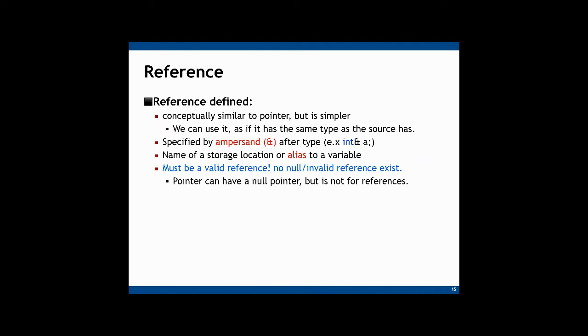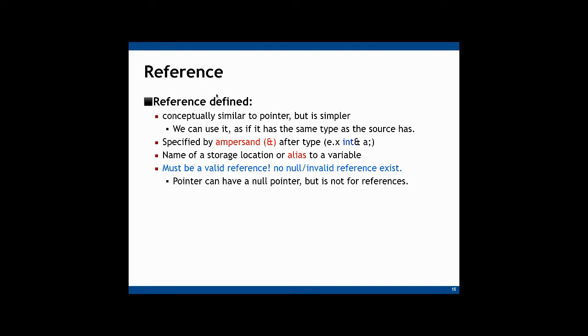So I think that's enough for the pointers. Let's talk about the reference. We have already learned about reference briefly when we were talking about call by reference in function calls. In C++, for call by reference, we can use both references and pointers. And reference is newly introduced in C++.